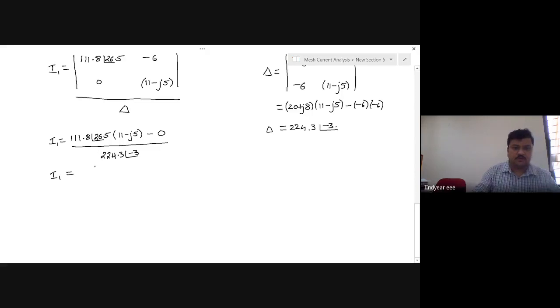So I1 comes out to be, in the rectangular form, 5.999 plus 0.53 J. If you convert this into polar form, it is 6.02 at an angle 5.05 amperes.